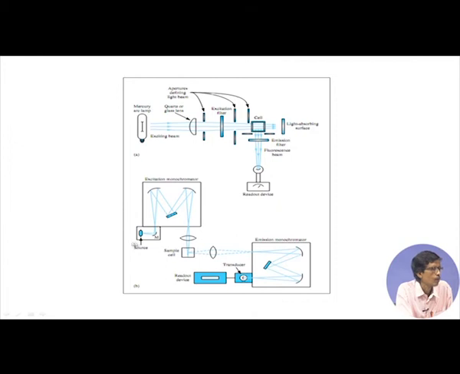You have the source, and the light impinges on the sample through a lens or a mirror, and what we measure is at right angle to that. At the right angle we have the emission. This is the excitation monochromator.